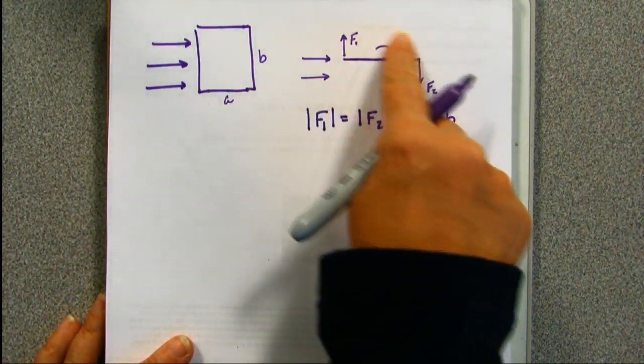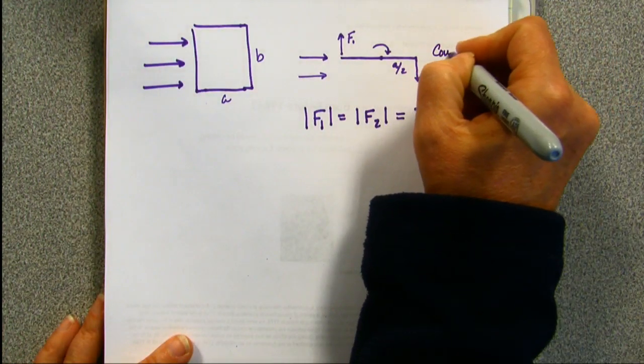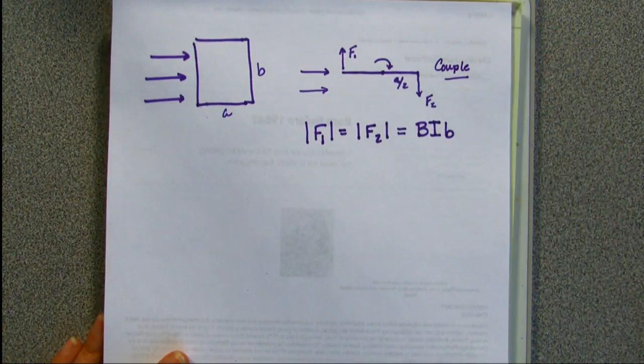By the way, this is going to be a couple. Remember when we talked about couples way back when, looking at why an X crossbar tire iron was better or worse, depending on your point of view, versus our regular angle iron tire iron.